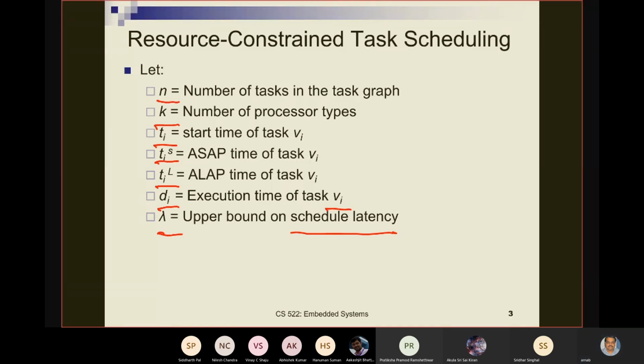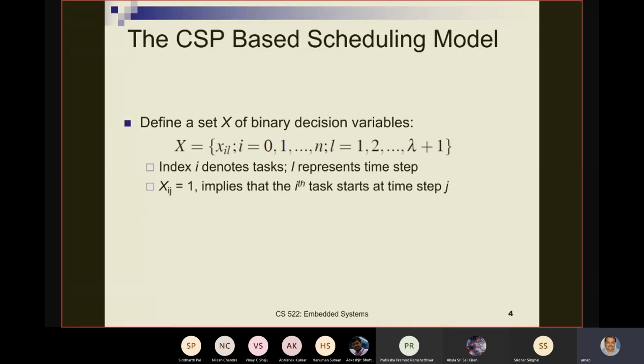So with this, the set of decision variables for our problem was what? We had a set of decision variables of the form Xil, where the index i denotes the task and the index l denotes the time step. So a certain variable, say X12, gives the decision on whether task 1 will start its execution at time step 2 or not.